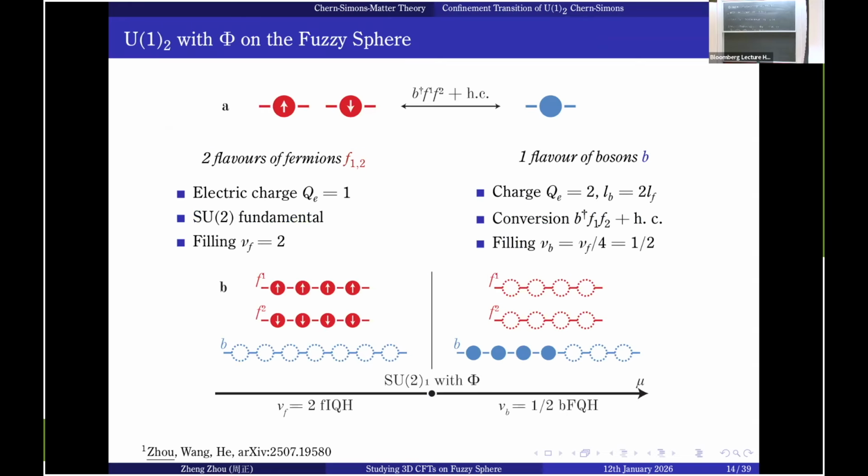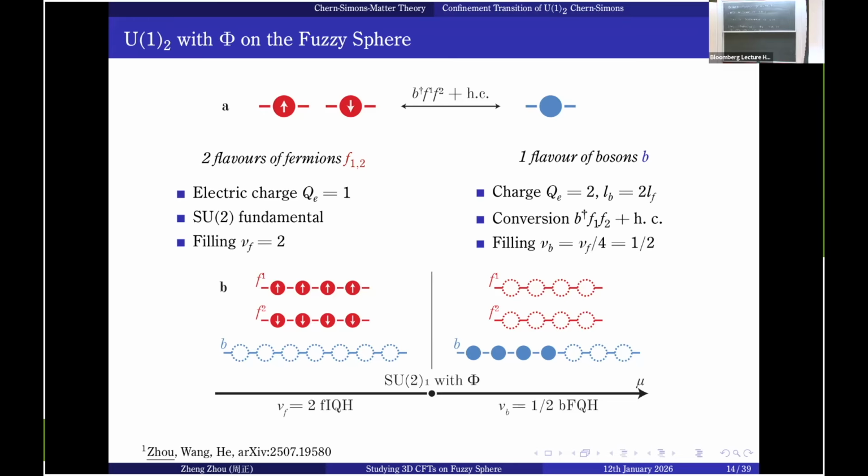So our setup involves 2 flavors of fermions and 1 flavor of boson. We let the 2 flavors of fermions carry the fundamental representation of an SU(2) global symmetry. And we let the boson feel the magnetic field as well.